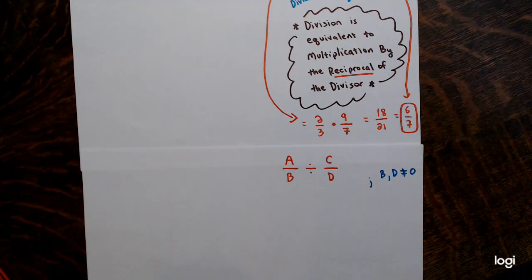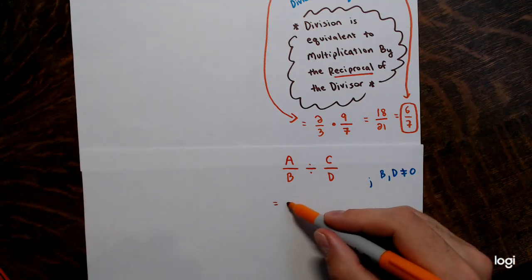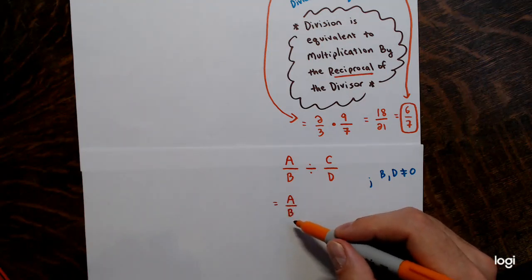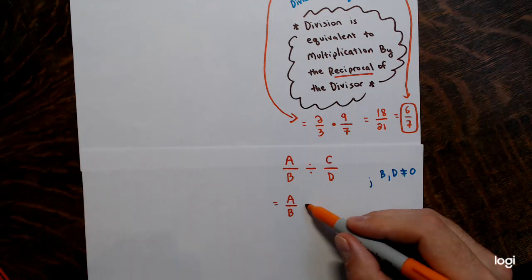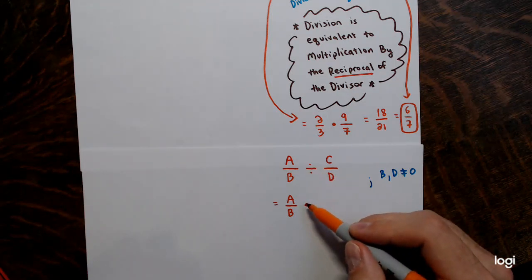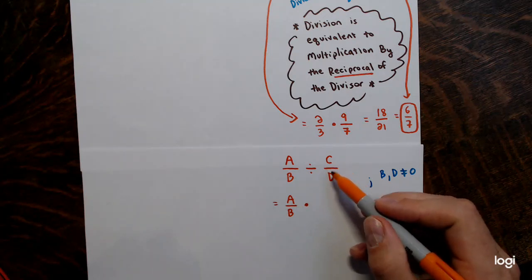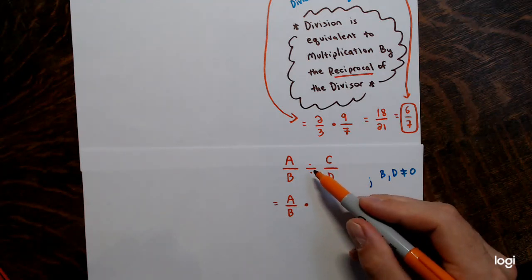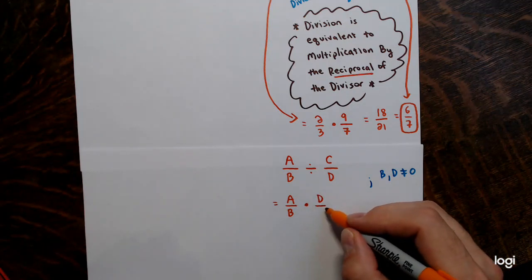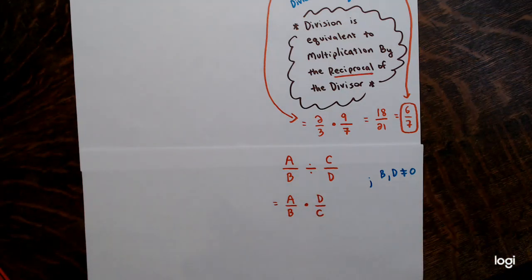And then I flip. This is equivalent to a over b. Again, you keep the first fraction, the dividend, the way it is. And then when you see division, you can rewrite it as multiplication by the reciprocal of the divisor, so times d over c. But look at what happens here.